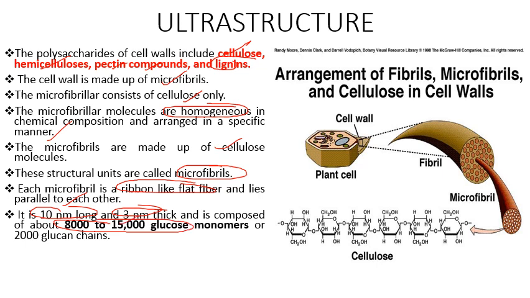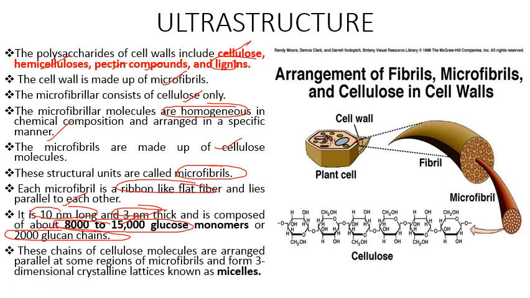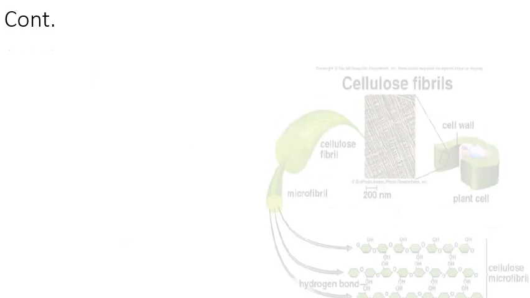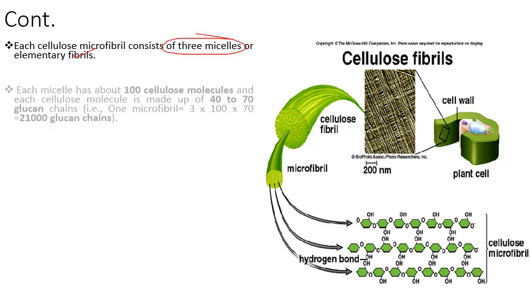और हम कह सकते हैं कि इसमें होती हैं 2000 glucan chains, and these chains of cellulose molecules are arranged in parallel at some regions of microfibrils and form a three-dimensional crystalline lattice जिसे बोलते हैं micelles. So near about 100 cellulose chains form the structure that is called micelle. So each cellulose microfibril consists of 3 micelles or elementary fibrils.